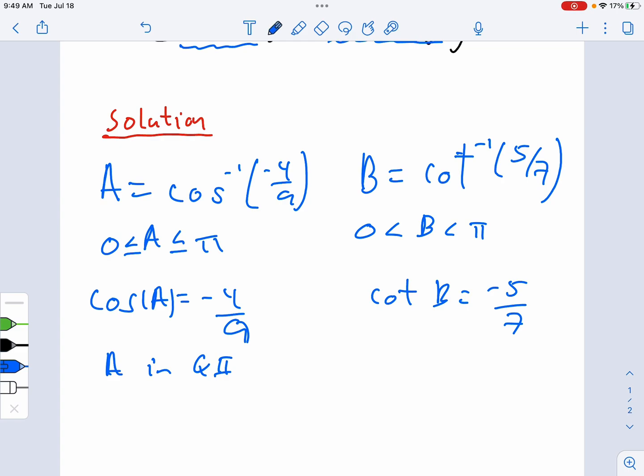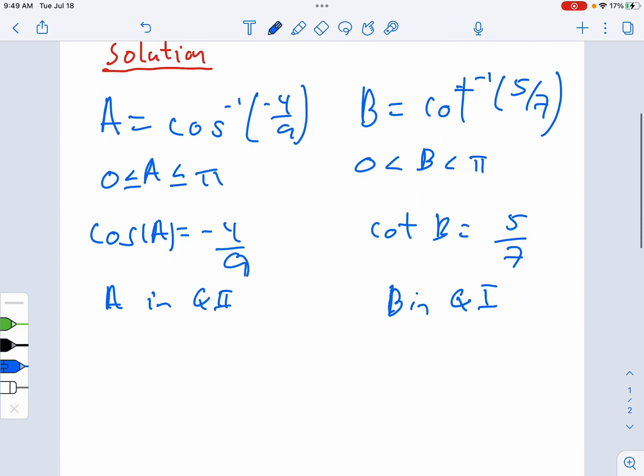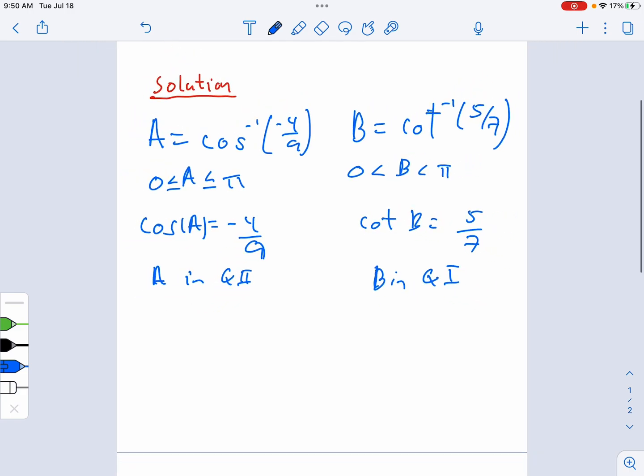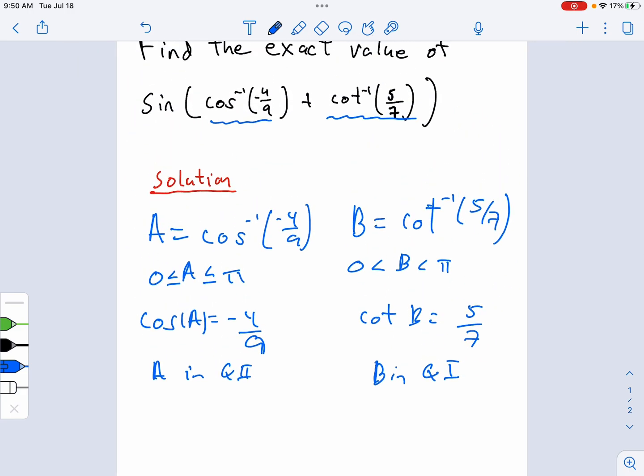With the same reasoning, B is in quadrant 1. Oops, I put a negative there, I apologize. Lesson here: make sure you get your signs correct before moving on. B would be in quadrant 1 because cotangent is positive in quadrant 1 and negative in quadrant 2.